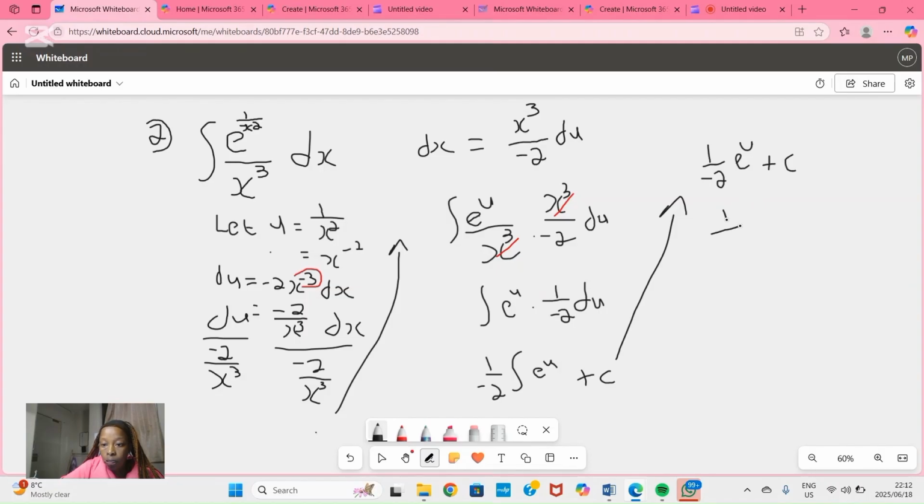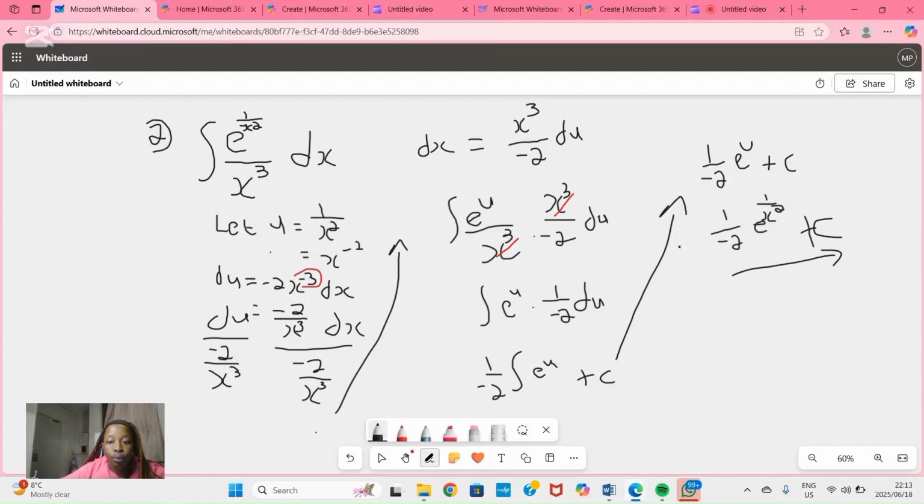Right now we're going to replace our u by 1 over x squared plus c. This will be our final answer.